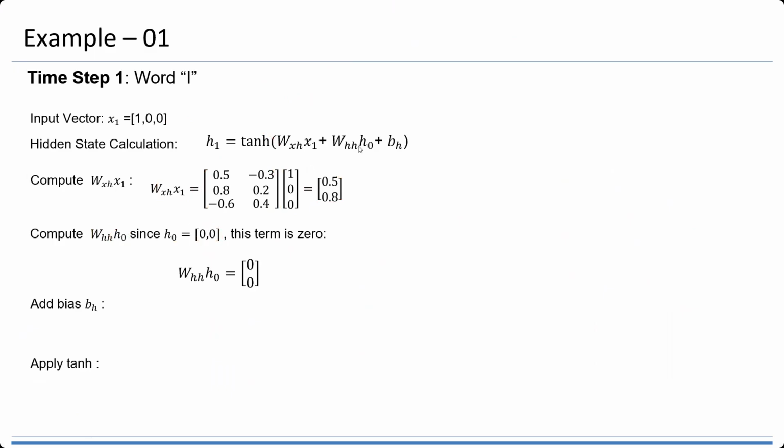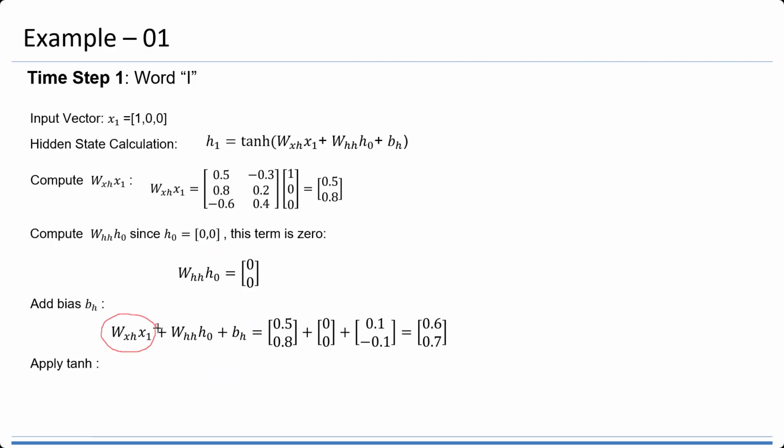So the WHH multiplied by H0 will be 0. For the bias, we know from the neural network that we will just update the bias for the next steps using the formula.